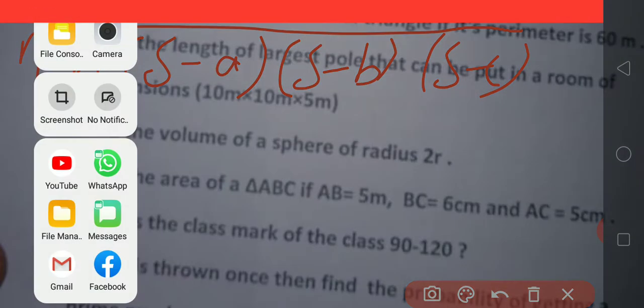Now by Heron formula, you know that root of S into S minus A, S minus B, S minus C. This is Heron formula to find the area of triangle, right? So this is the area of the triangle.